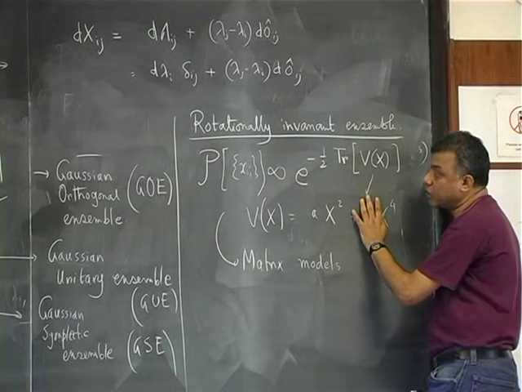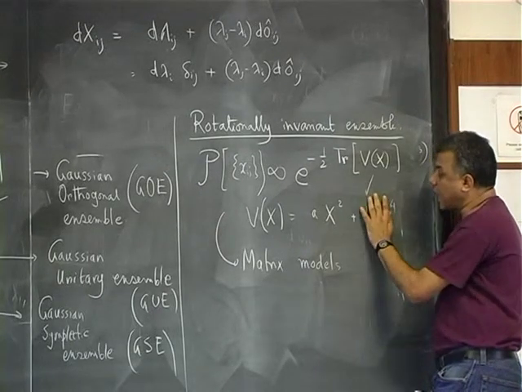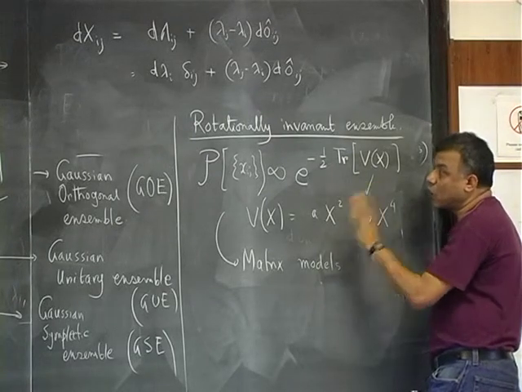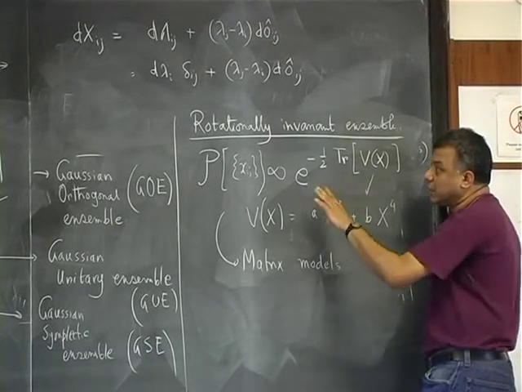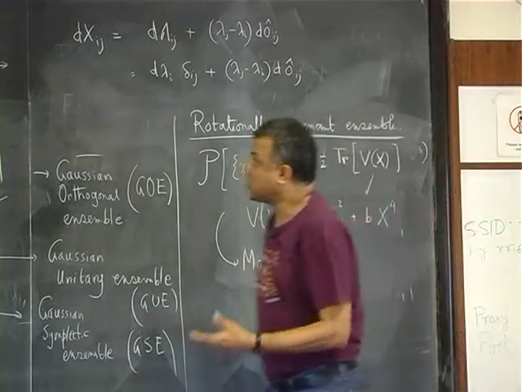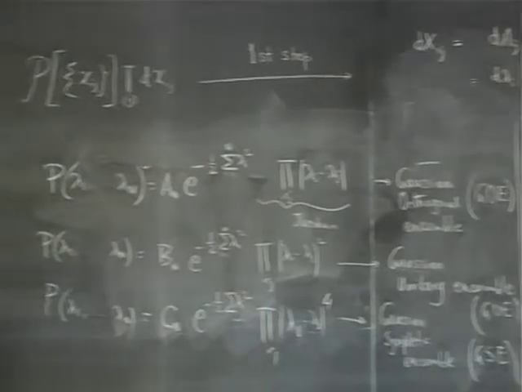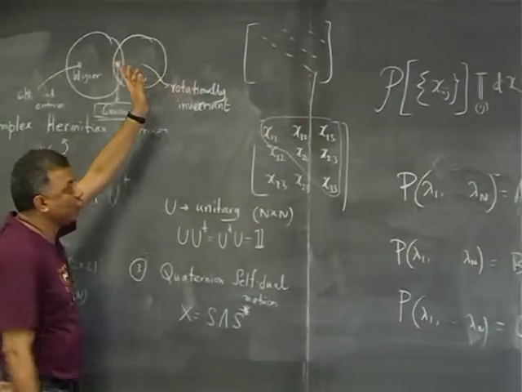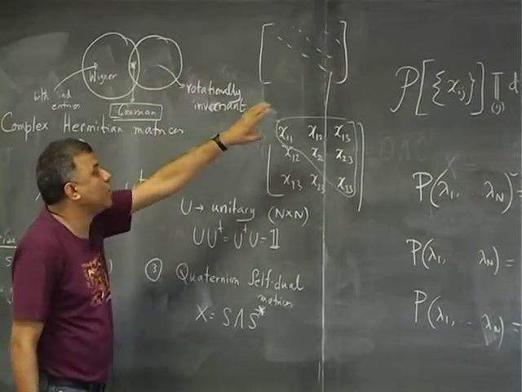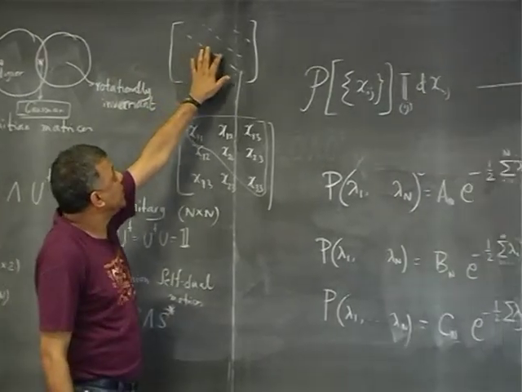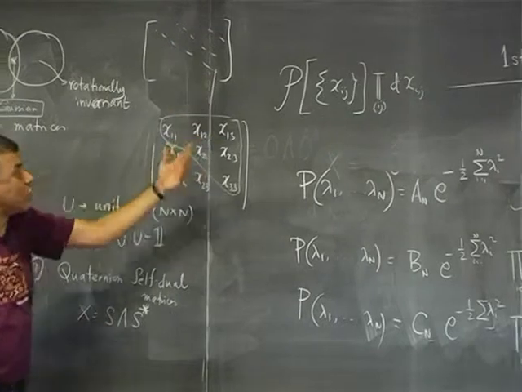Only when you have a quadratic term can you do that, but when you add the quartic or cubic or any other higher order term, you can no longer do that. Which means that these correspond to matrices where the entries are highly correlated, in a way such that when you make a rotation or change of basis, the probability distribution is invariant under rotation. But that means necessarily that they must be highly correlated in order for that to happen.